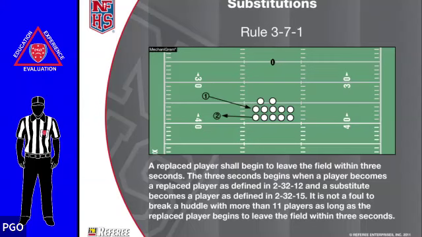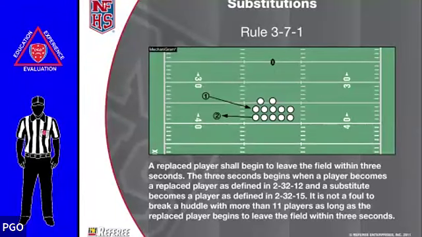So again, there is no such thing as illegal substitution for breaking the huddle with 12. All right? As long as I told the person, the substitute came in, you go 1001, 1002, 1003, whatever. If that player is leaving the field, even though they're breaking the huddle, it's not a foul as long as that player continues to leave the field. Okay?